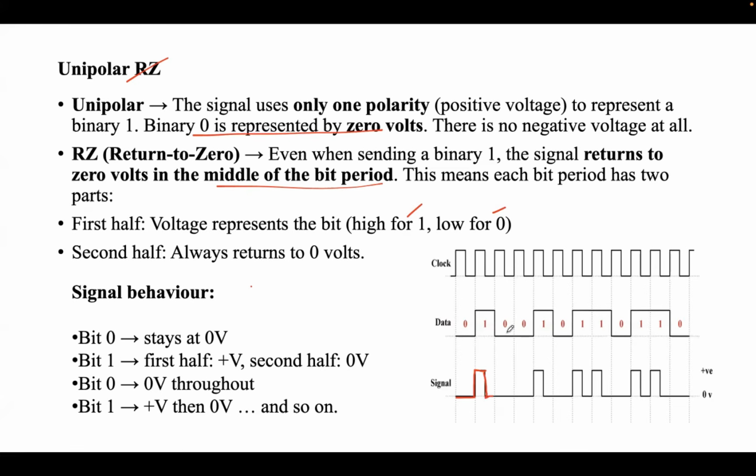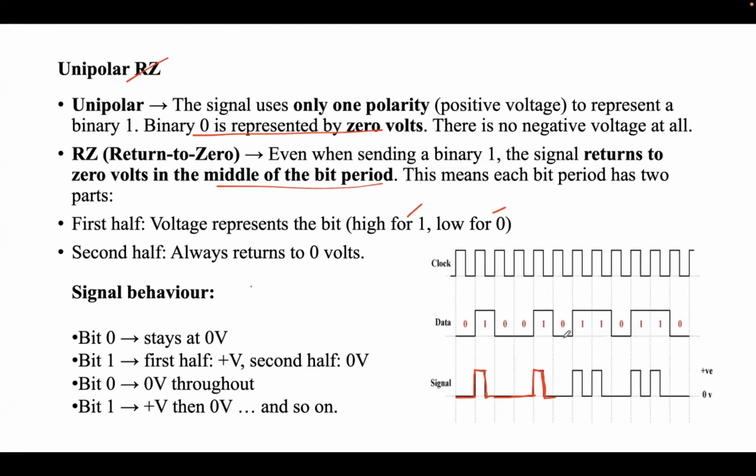And for the second 0, again it remains in the same state. The second 0 again remains in the same state. When we get 1, again you will find two different parts. For the first part, there will be a rise in the voltage to positive, and in the middle of the bit period, you can find return to 0 from positive to 0.